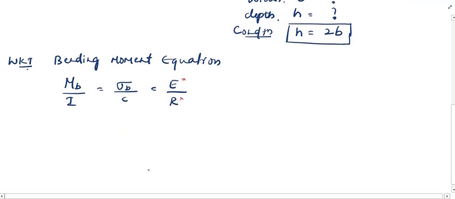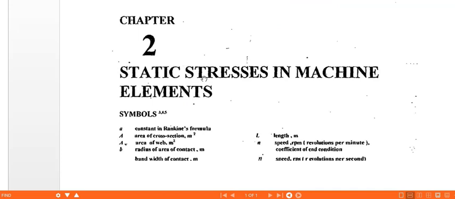First, let me find the bending moment MB. So refer to the data handbook here. There is chapter 2, static stresses in machine elements by Dr. K. Lingaya, volume 1. The table to be referred is 2.8.